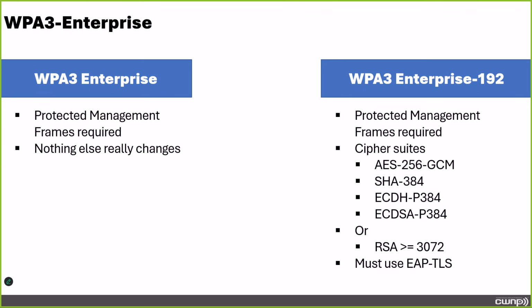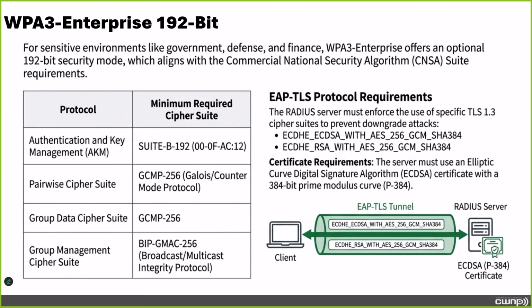Now, if you want to go into more details on it, well, then we have this thing called the Commercial National Security Algorithm, CNSA suite, which is defined by NIST and is required by some government agencies within the US, for example. And it's going to define certain requirements that ultimately, in the end, force you to use EAP-TLS.